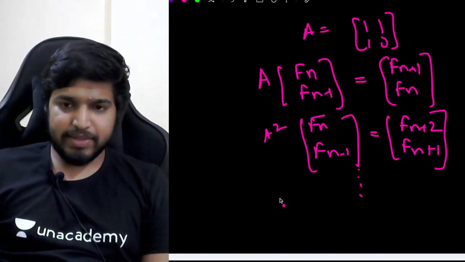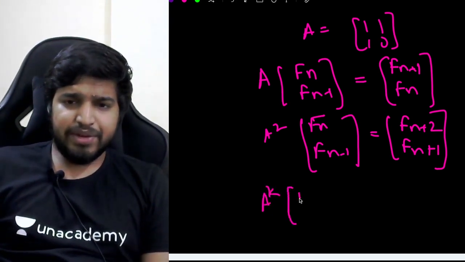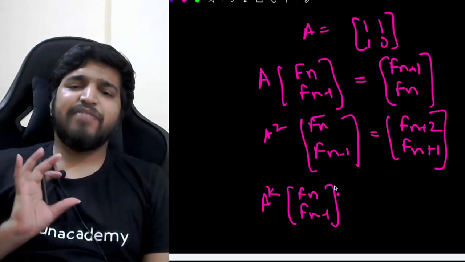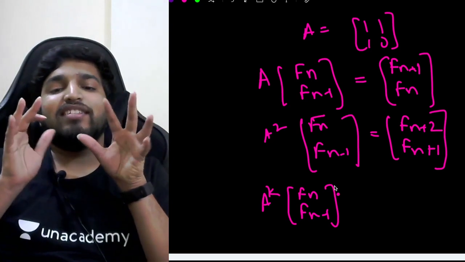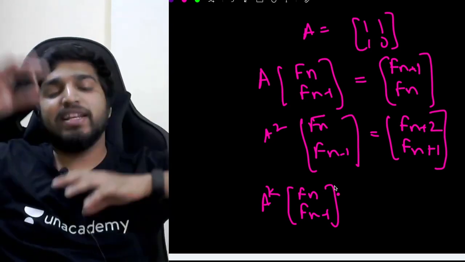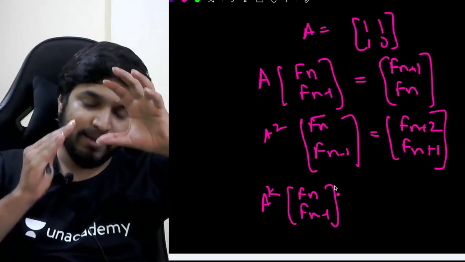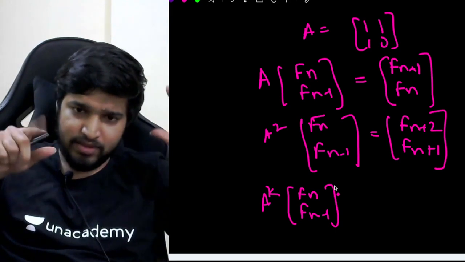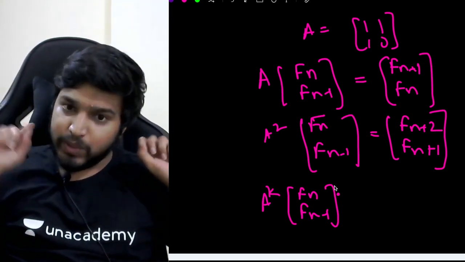You can generalize it by saying A to the power k into Fn minus 1, Fn: if you apply A power k, you'll get Fn plus k and Fn plus k minus 1.